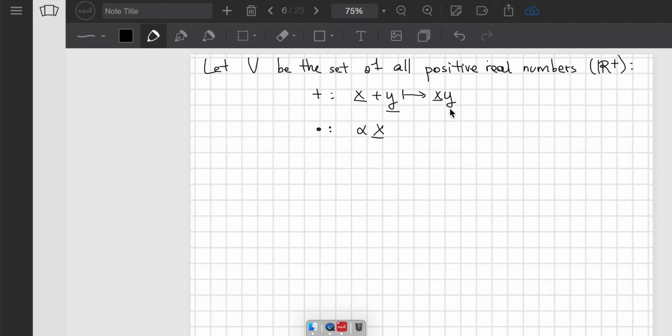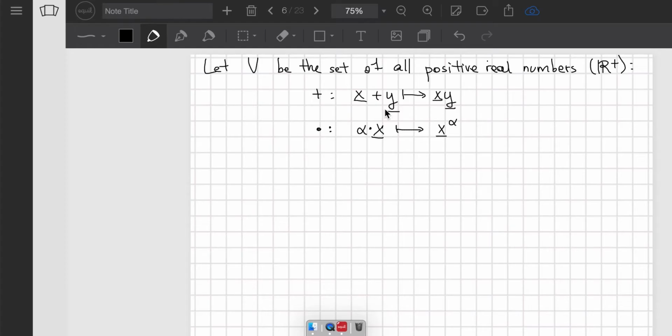I'll actually use the vector subscript just to understand that these are vectors we're dealing with, right? They don't necessarily have to be arrows with a length and a direction. A vector can really be any object that belongs to a vector space. And here instead we define scalar multiplication to be x to the power of alpha. And again, x and y are positive real numbers.